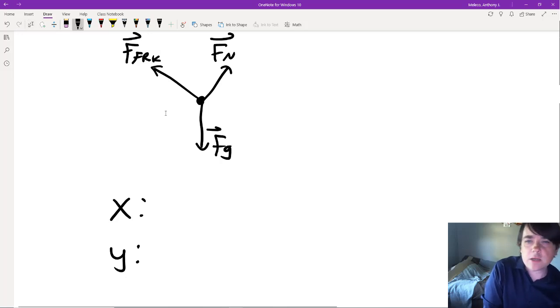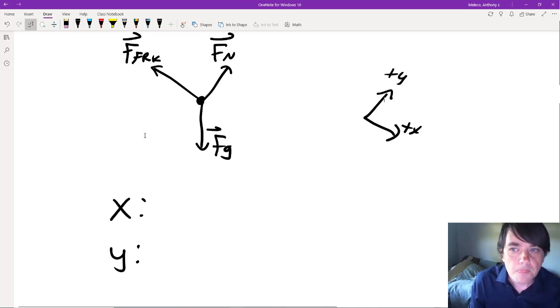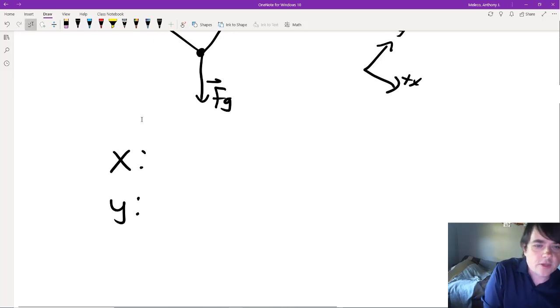So for our x, I'm going to make down the ramp positive. We're going to tilt it just like we did before with a tilted coordinate system. In the x direction, we have the force of gravity, which is what's propelling us downward, and that's going to be force of gravity sine theta.